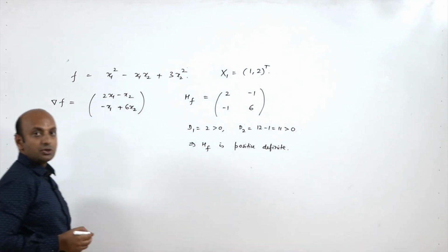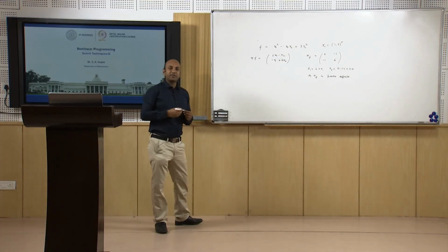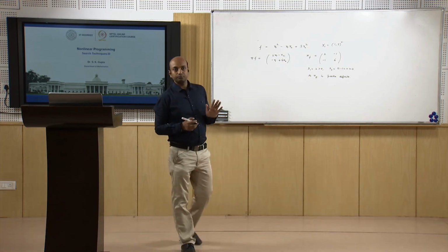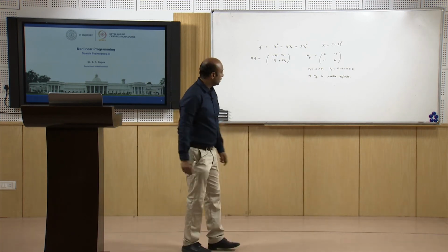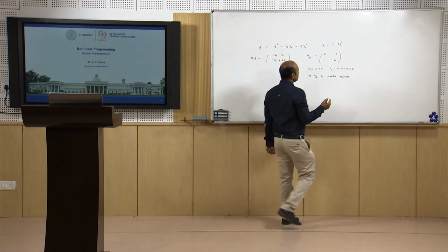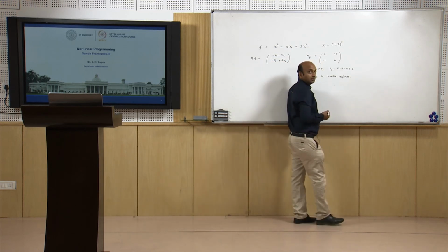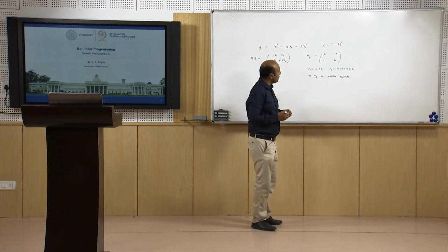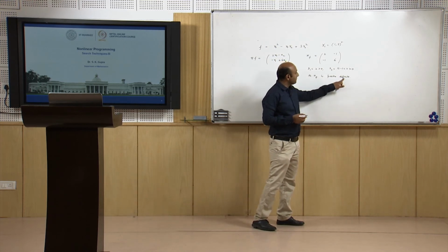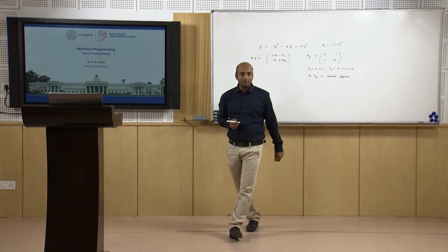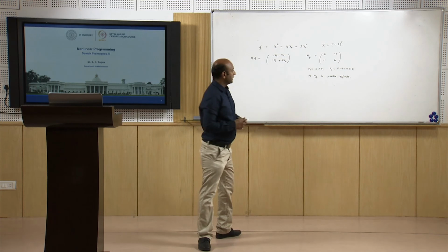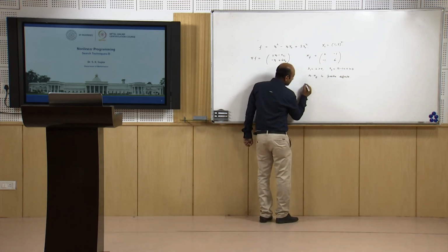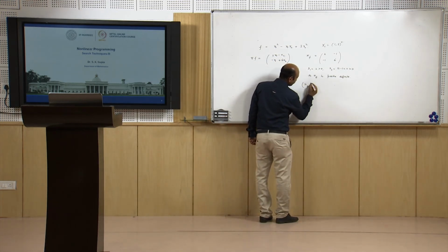So, the Hessian matrix is positive definite and it is free from x1 and x2. It is a fixed matrix. So, what is its inverse? Is it invertible? Yes, it is invertible because it is a positive definite matrix and every positive definite matrix is invertible. So, what is the inverse of this matrix?